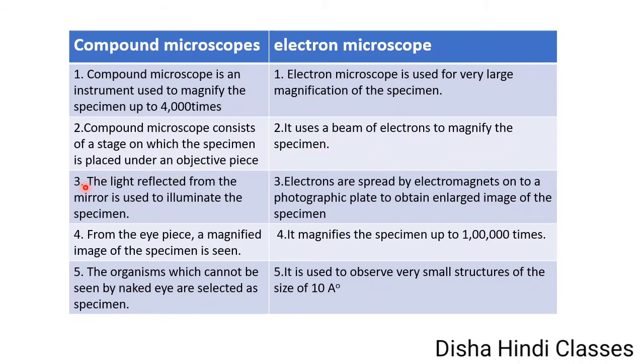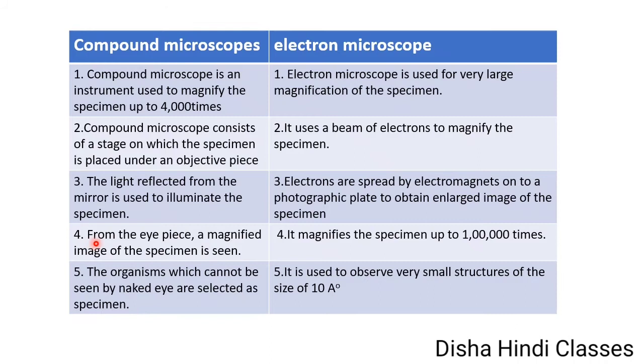In compound microscopes, the light reflected from the mirror is used to illuminate the specimen. In electron microscopes, the beams are focused by electromagnets onto a photographic plate to obtain an enlarged image of the specimen.